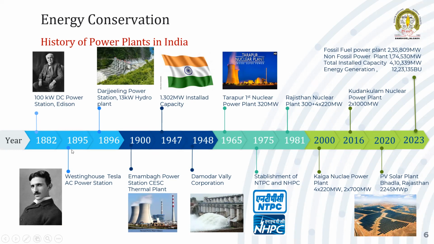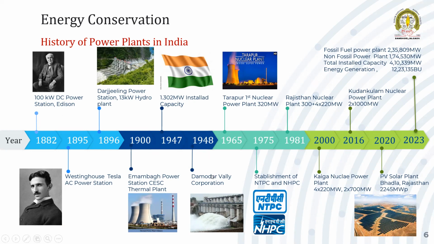Therefore AC transmission has some advantages as compared to the earlier DC transmission. At independence, the installed capacity in India was only 1,302 megawatts. And now the installed capacity is more than 200 times that of 1947.